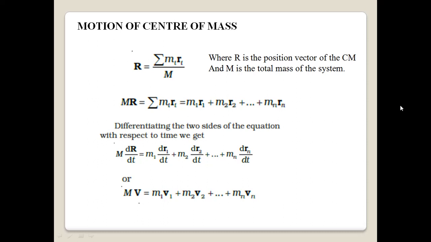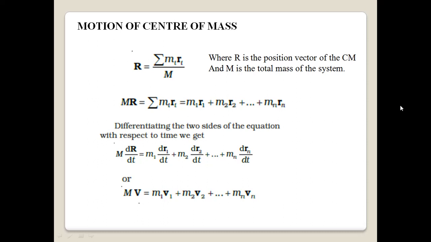So recalling the formula, the position vector R is given by sigma m_i r_i divided by capital M. Here m_i r_i stands for the mass of the ith particle multiplied by the position of the ith particle, and capital M stands for the mass of all the particles of the system.